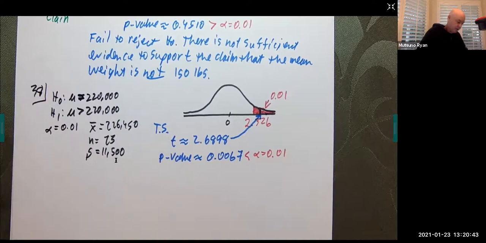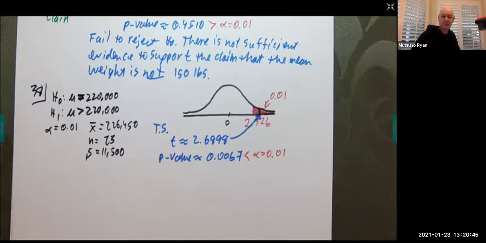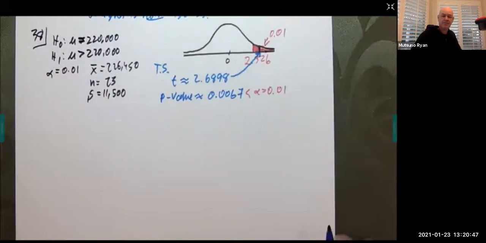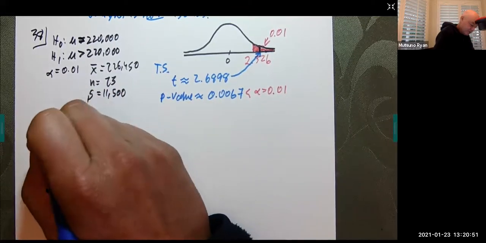So what conclusion can we pull from this? We can conclude that we're going to reject the null hypothesis.